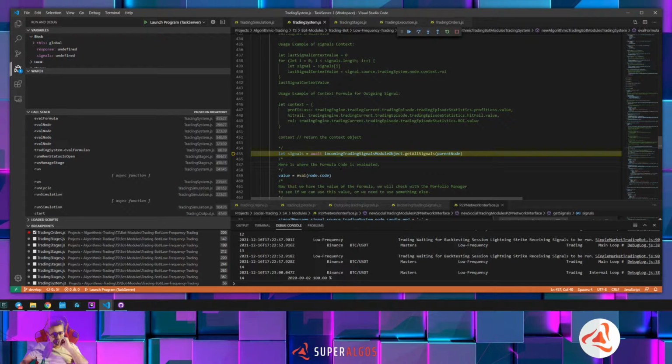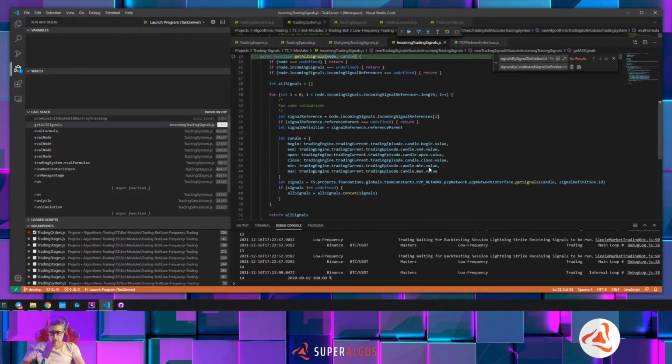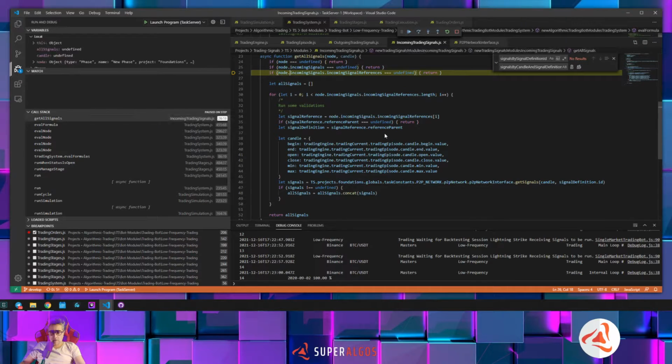But I'm afraid that, well, I don't need to go to the last place, but at the beginning it seems that the formula of the stop loss is always zero, so not only at the last moment. So getting signals, we get into this. See what is going on here.